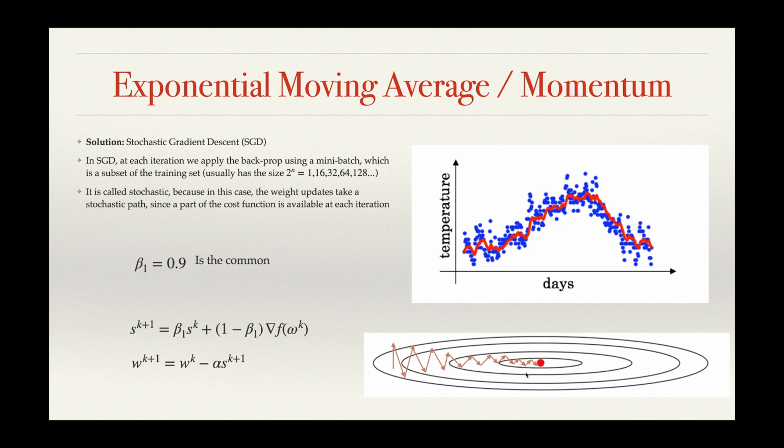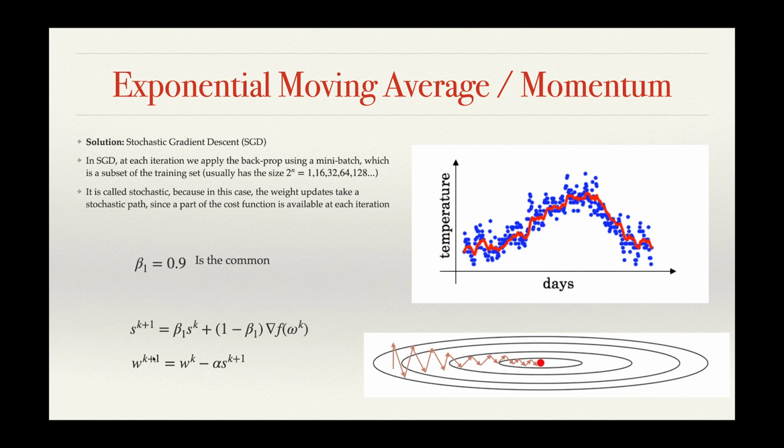How we can do that with the gradient is similar to the exponential moving average. We need to apply the exponential moving average over the gradient signal. So this is our adapted gradient descent now.